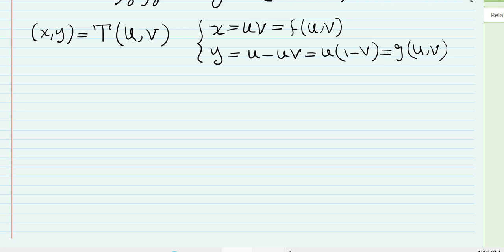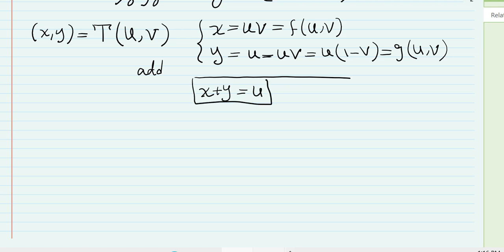So next step, we're just going to add these two equations. On the left, we get x plus y, which is the exponent on e that we were seeking. When you add, on the right side, uv and negative uv are opposites, so they add to 0. So we have found u in terms of x and y.